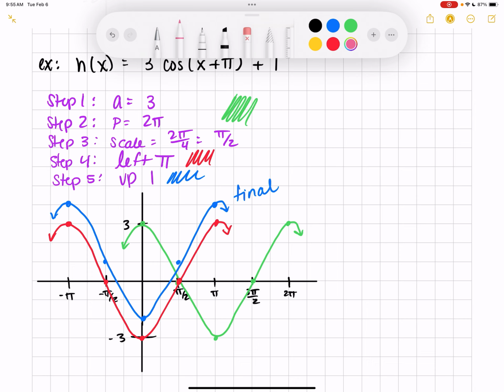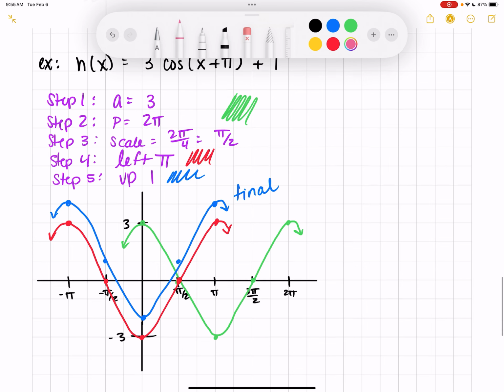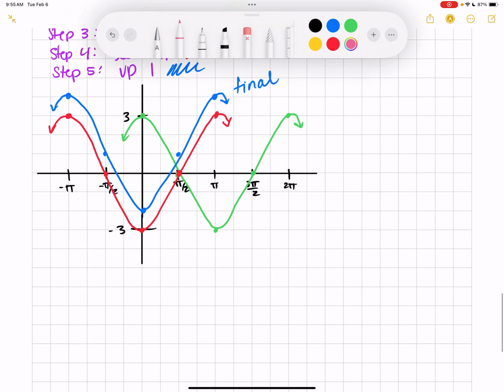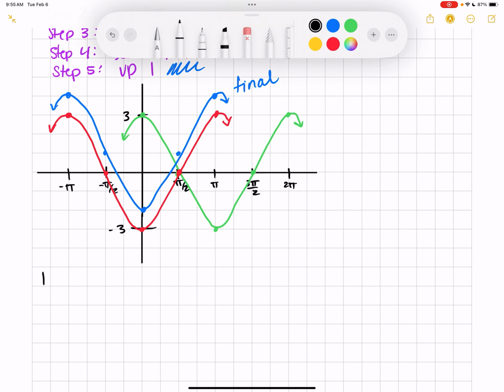But 9 through 20 are graphing the function. So let's do y equals the sine of 3x minus 4.